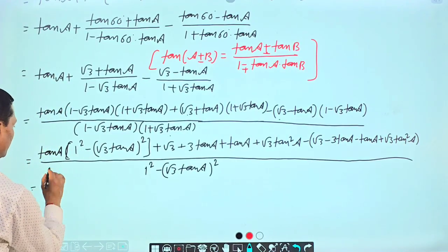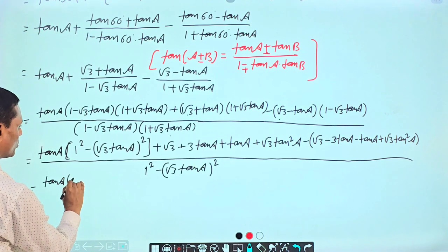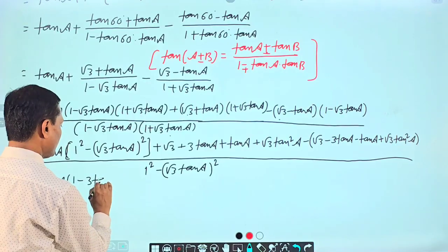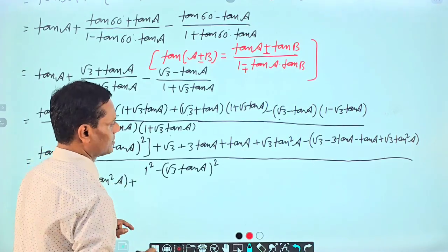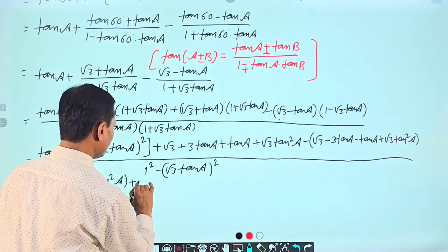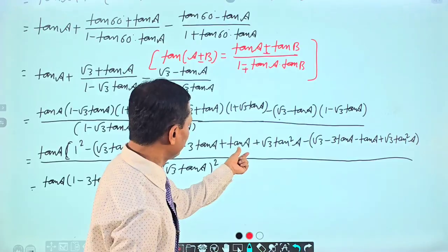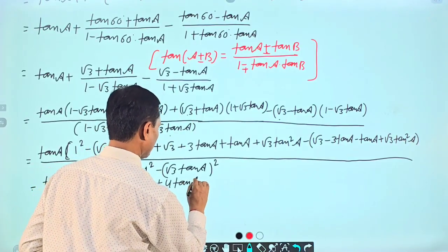So here I can write tan A, and 1 square is 1 minus root 3 tan A whole square means 3 tan square A, correct, plus we have here root 3, 3 tan A plus tan A, 4 tan A, isn't it?